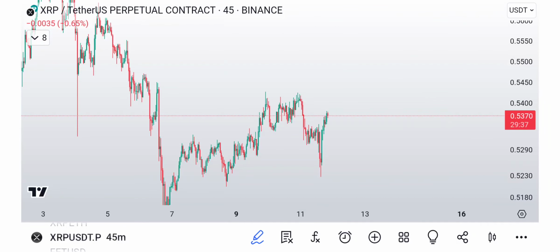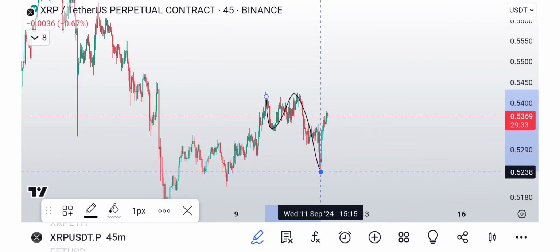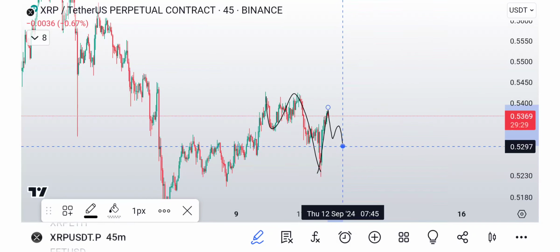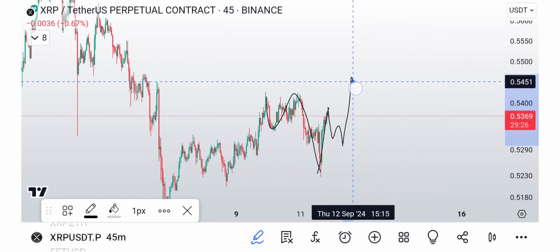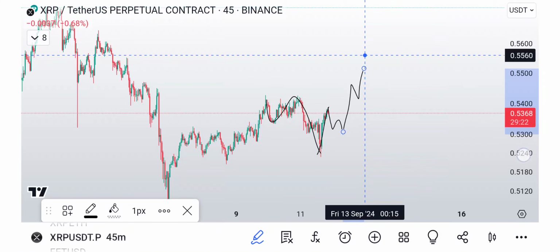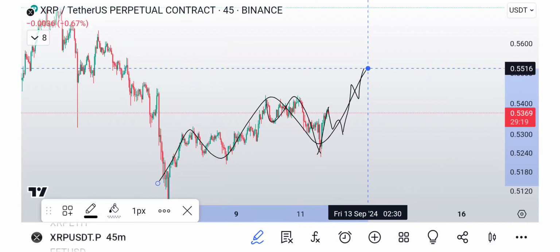So you could see, look at this expanded flat right here. Boom, boom, and then we came all the way down. We shot straight up. So now I want to see it come down in a 3-wave move and then come up like this. If we get that, that's going to be amazing, because that'll be a completed sort of diagonal shape. And then what are we going to get?